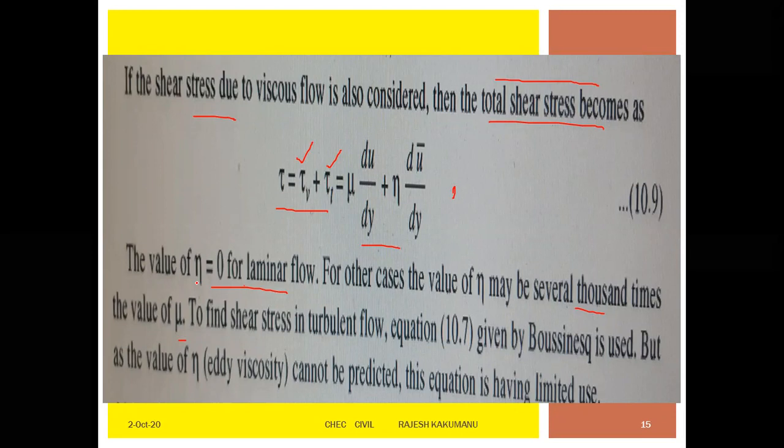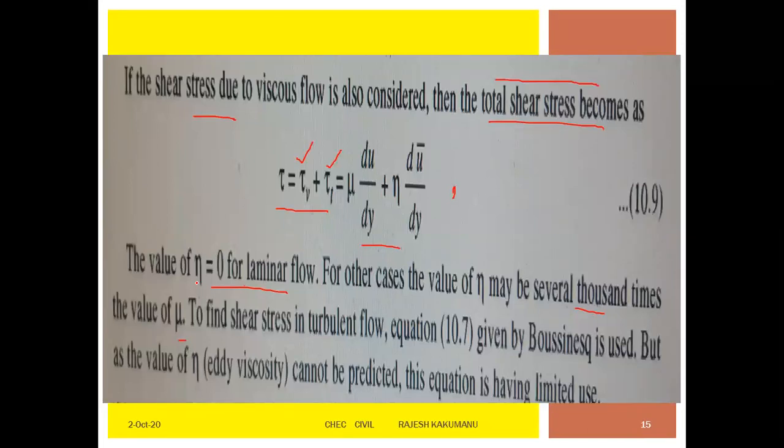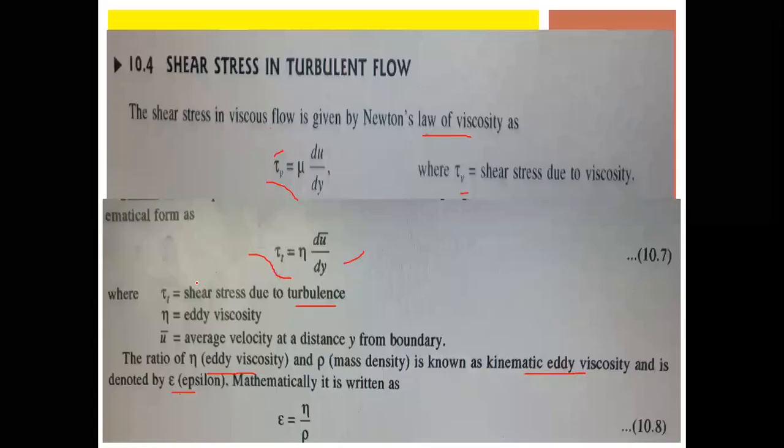So in this session, we have learned about the Darcy-Weisbach equation and the coefficient of friction f and the forces in turbulent flow. What type of forces? Shear forces in turbulent flow, right?